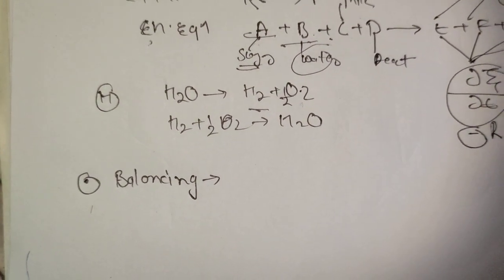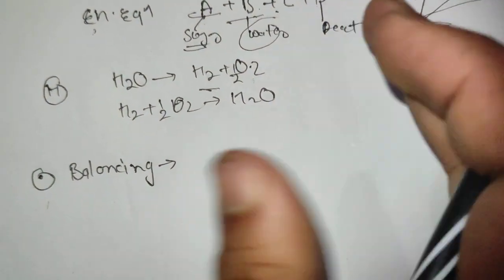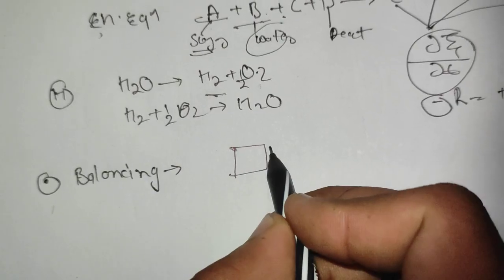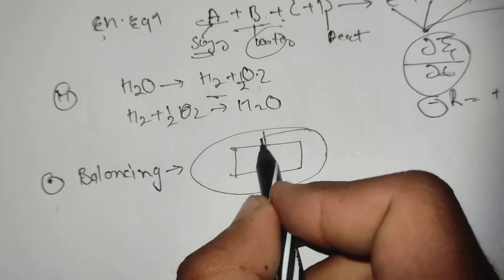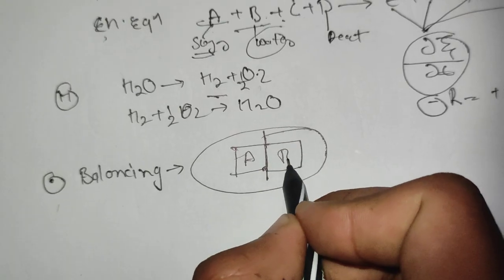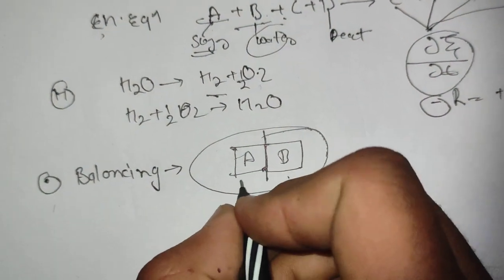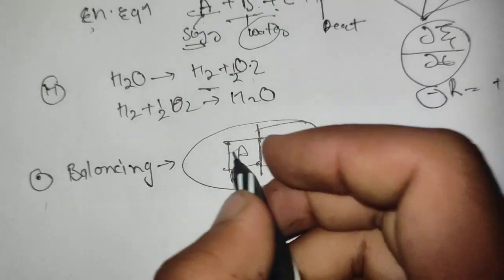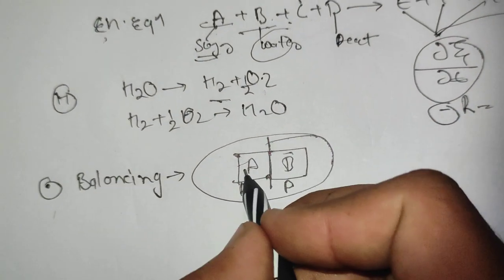But let's understand: imagine a chemical equation with a reactant part and a product part. All the product which is obtained came from the reactant.